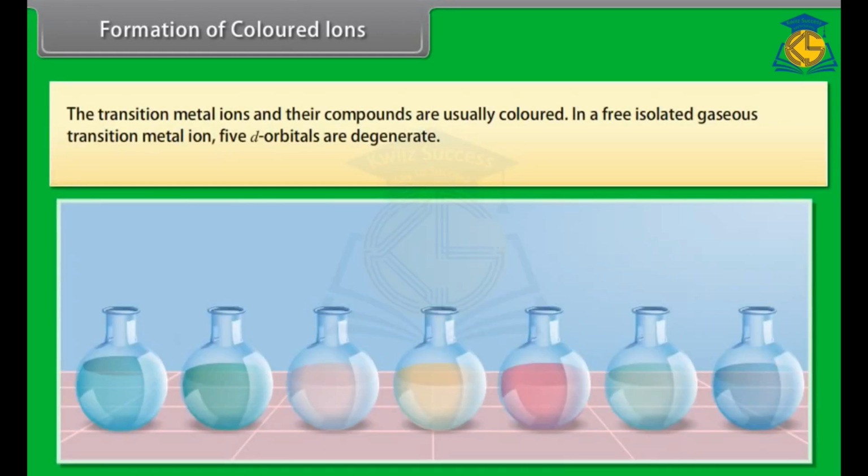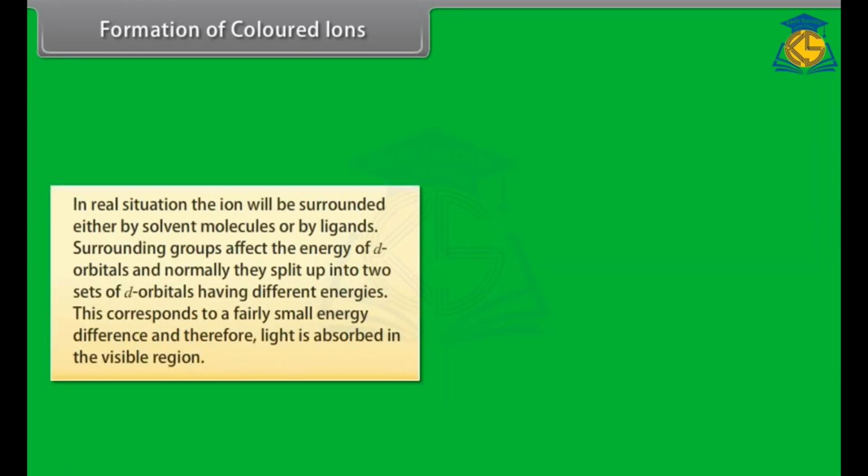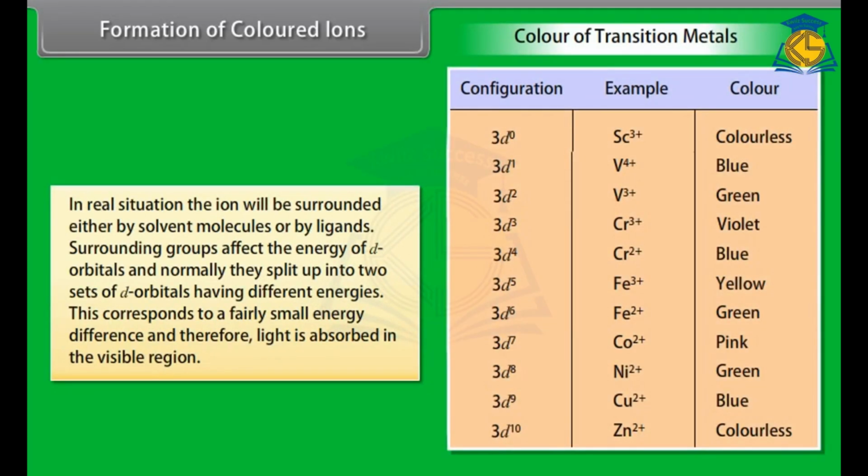Formation of colored ions. The transition metal ions and their compounds are usually colored. In a free isolated gaseous transition metal ion, the 5 d orbitals are degenerate. In a real situation, the ion will be surrounded either by solvent molecules or by ligands.